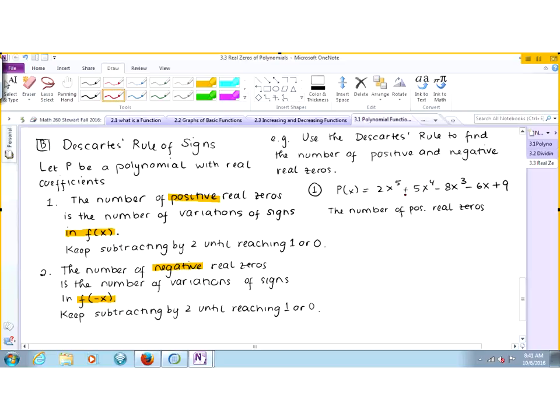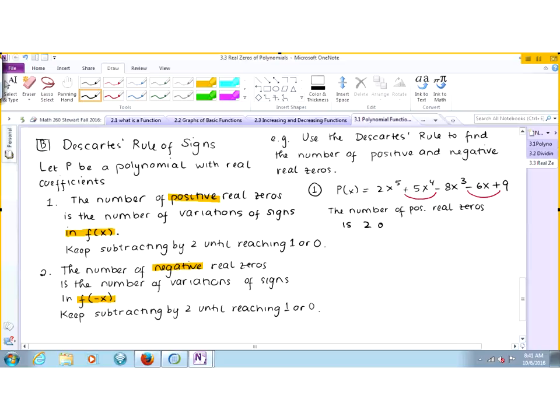This is positive, this is negative, so 1. What else? Okay, so that's 2. So the number of positive real zeros is 2. And then what do I need to do?